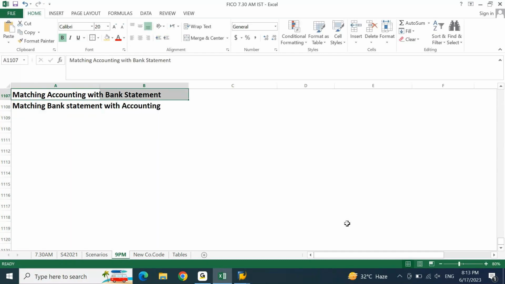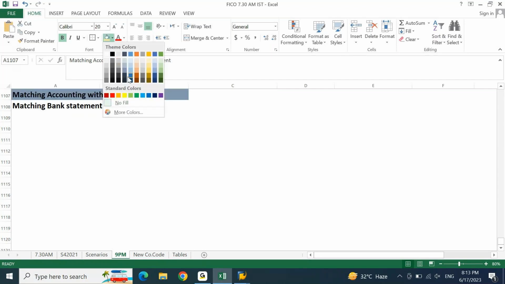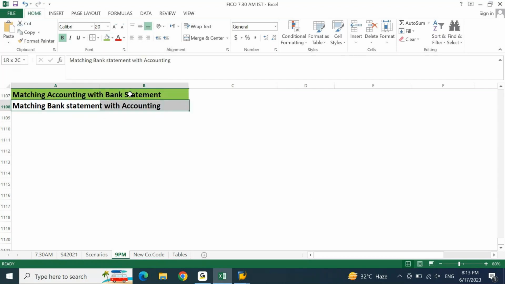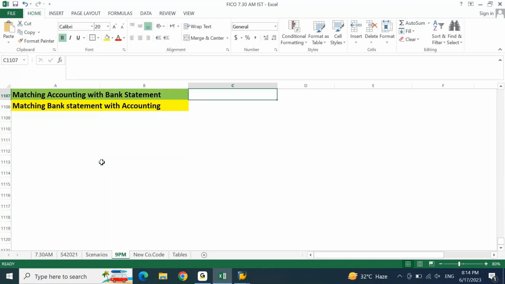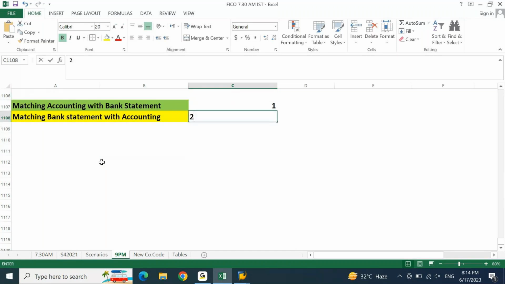When you do BRS, are you going to do green activity or yellow activity? When you do BRS, what are we going to do? Green activity is point number 1, and this is point number 2. When you talk about BRS, are you going to do point number 1 or point number 2? Point number 2. Agree?